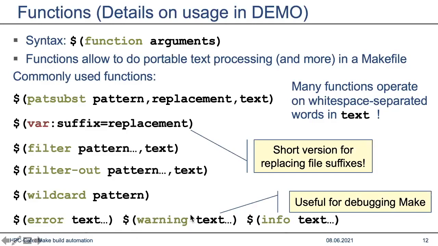Warning will just output the text, and make will go on, but still will tell you where it was called, and info is just to output text. The error and the warning function are quite useful to debug make and to output the value of variables. So if you think something went wrong, like a target was not called, then you can just do printf debugging using those functions.